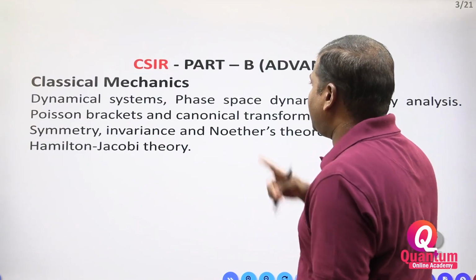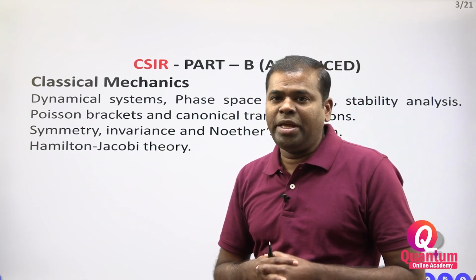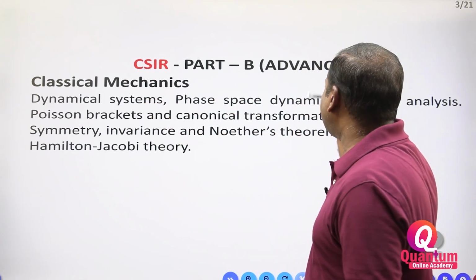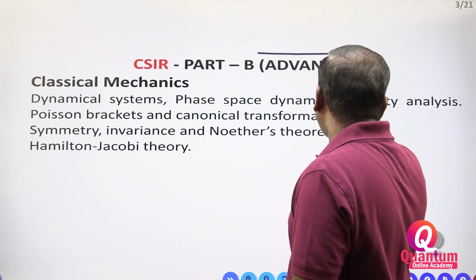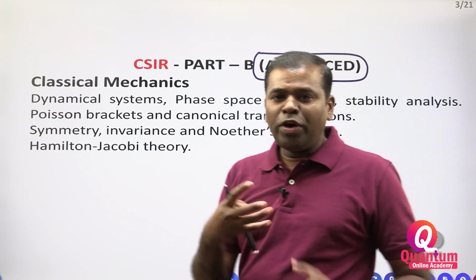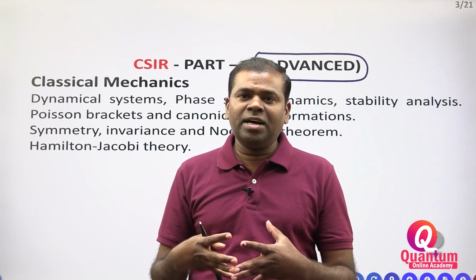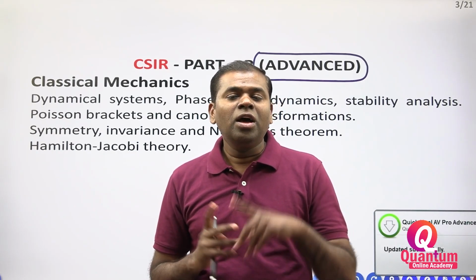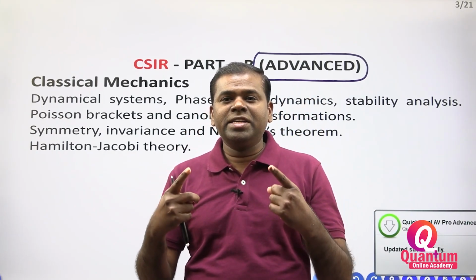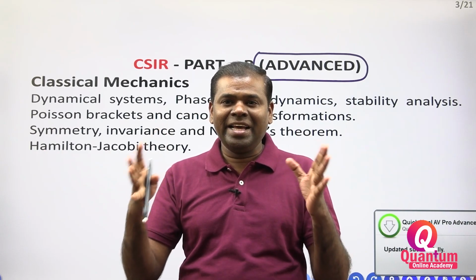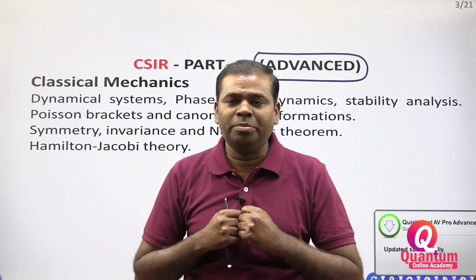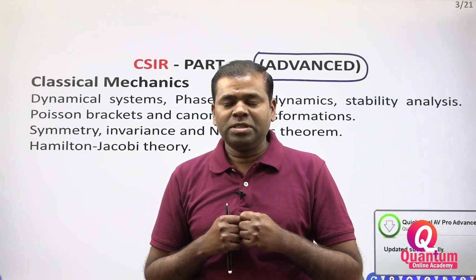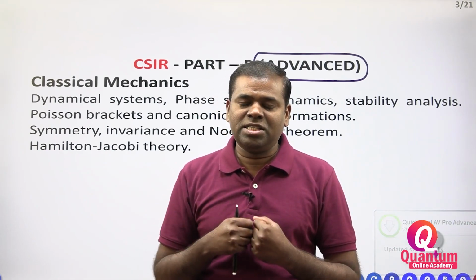Now we have to see part B. What is part B? CSIR part B is the advanced one. Advanced means people have to write the CSIR examination to do research, for a degree college lectureship exam, or to become a lecturer.